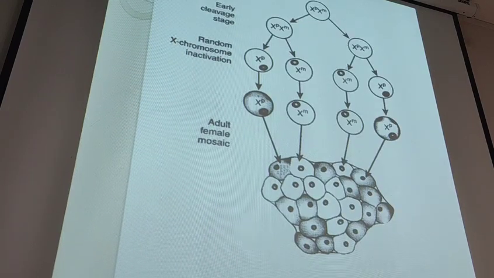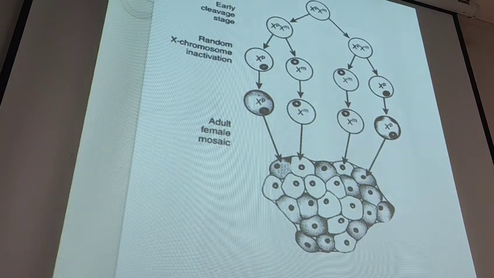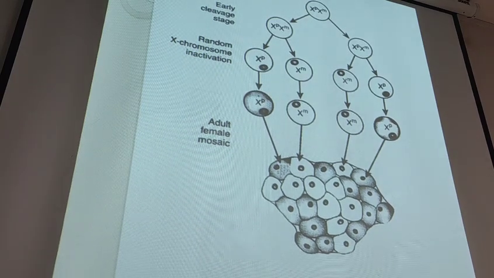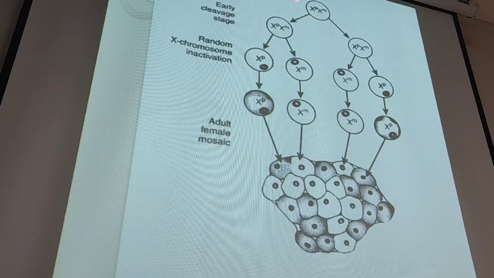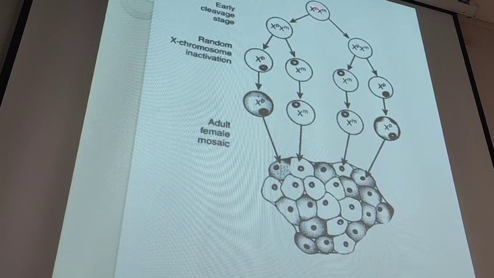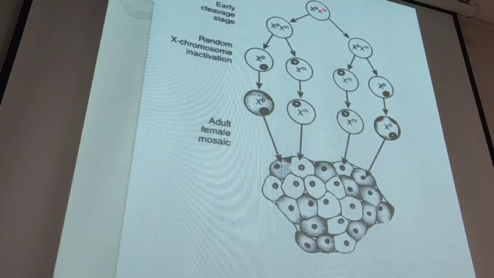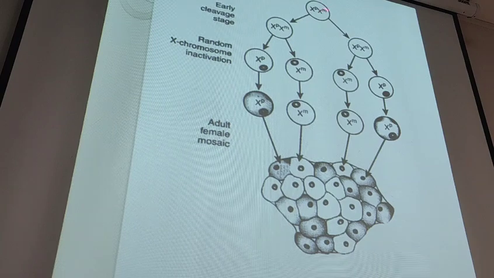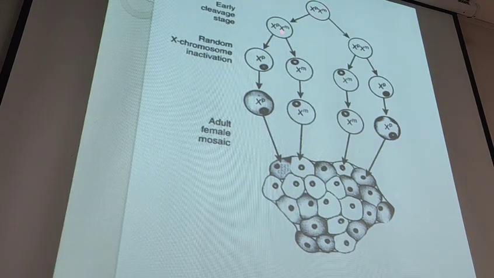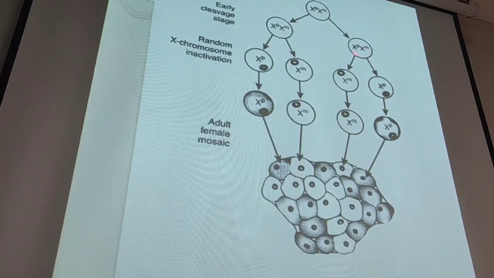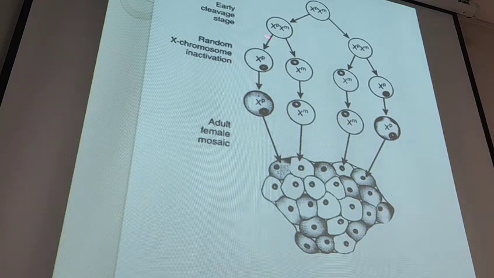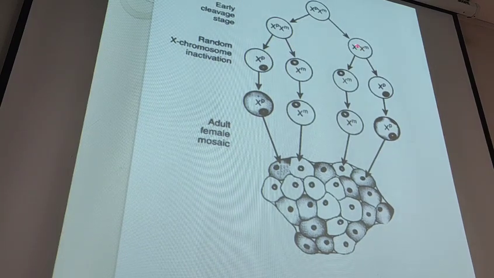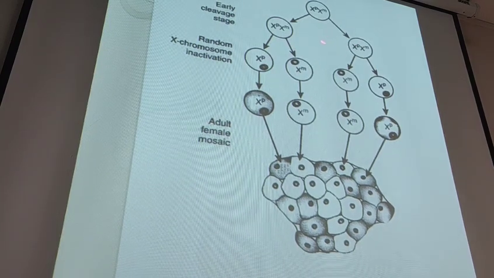What I was talking about, you can see in this slide. This is the zygote, okay? One paternal chromosome, P, and one maternal chromosome, M, okay? Then this cell is divided, okay? Both X chromosomes are active at this level also, okay?